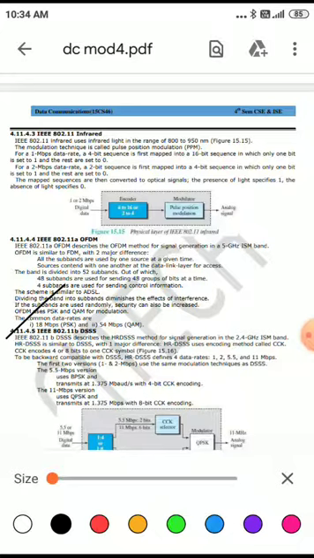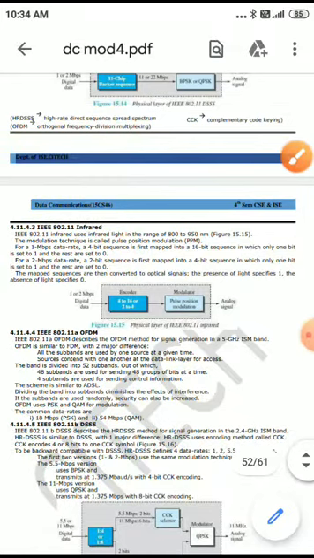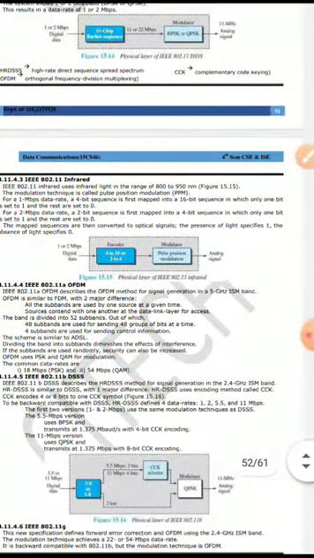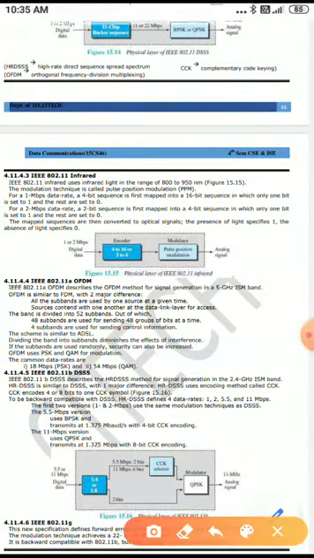Next, IEEE 802.11b DSSS. What is meant by DSSS? We already discussed it: direct sequence spread spectrum.